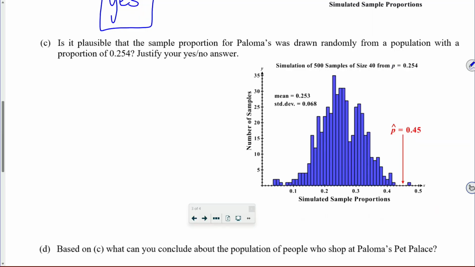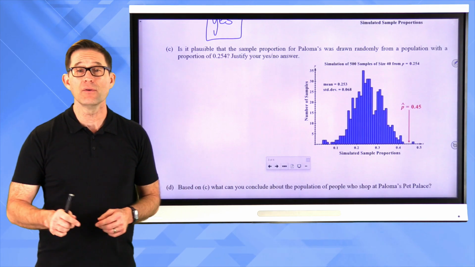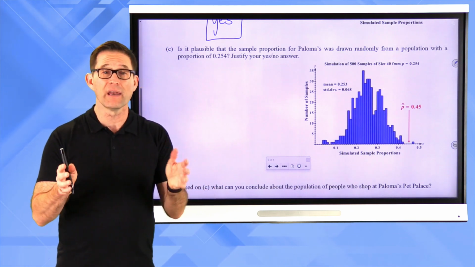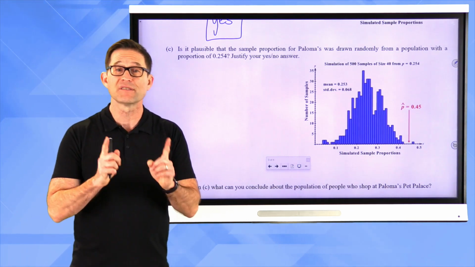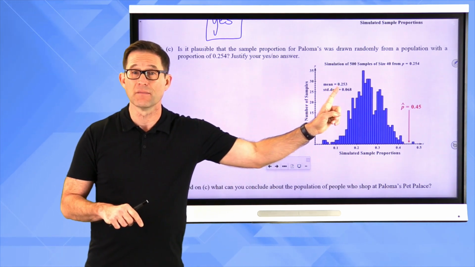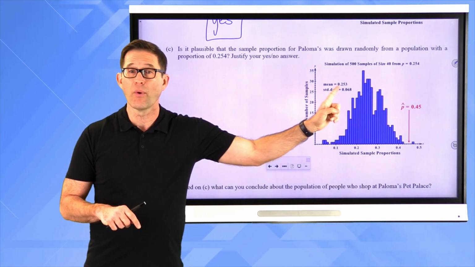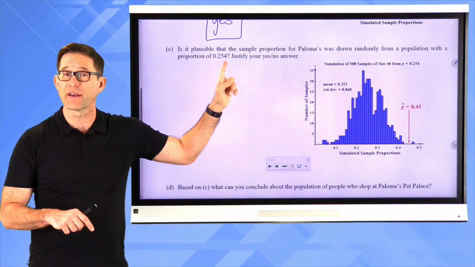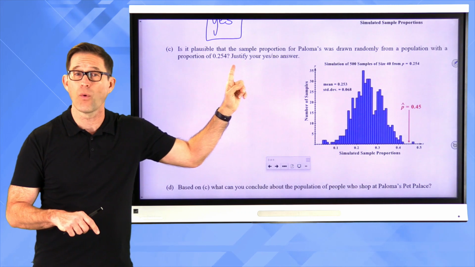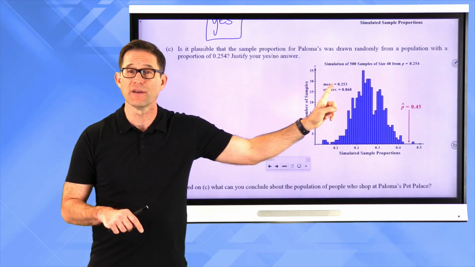Letter C. Is it plausible that the sample proportion for Paloma's was drawn randomly from a population with a proportion of 0.254? Justify your yes/no answer. All right, so what I'd like you to do is create the 95% confidence interval centered on this mean. Take that 0.253, I know that that's not exactly the 0.254, but we're always going to use our simulation results.